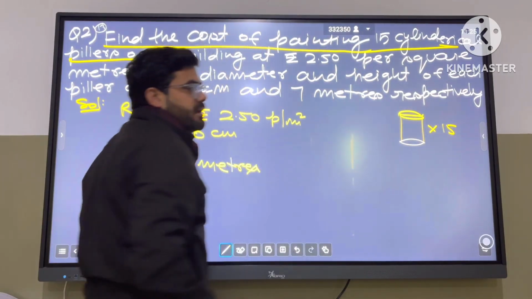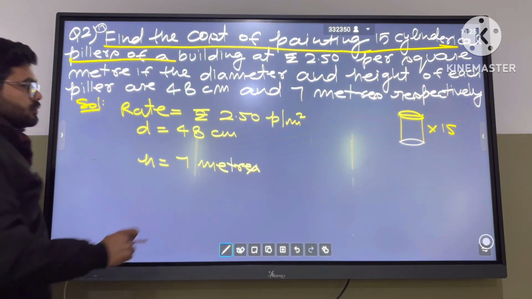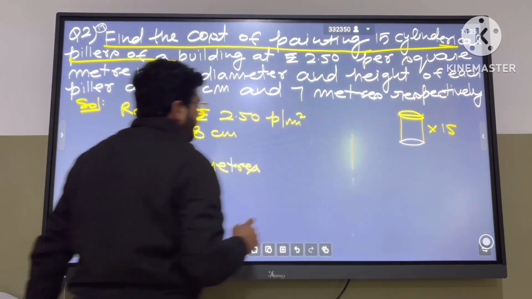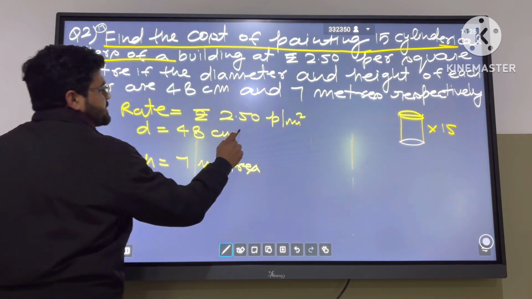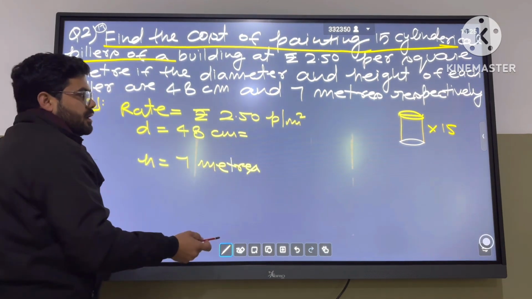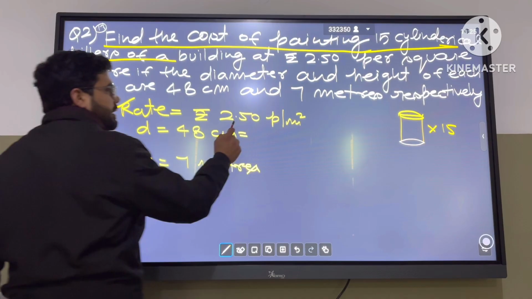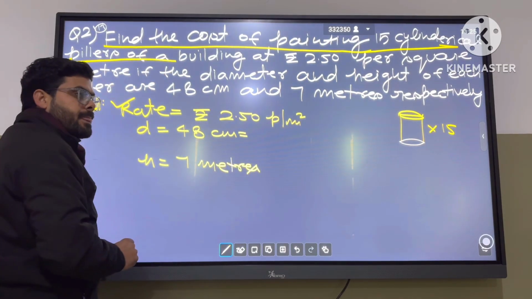So we have given diameter 48 centimeter. Convert centimeter into meter because the rate is given per square meter.